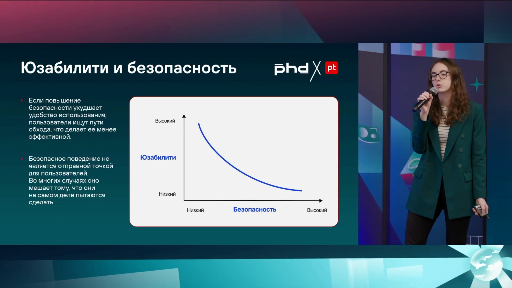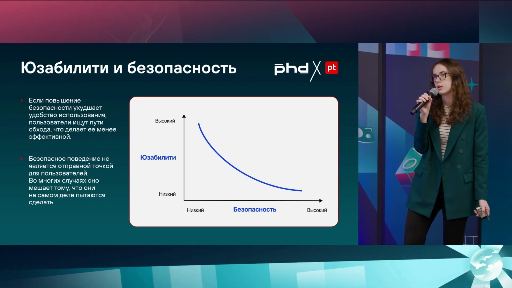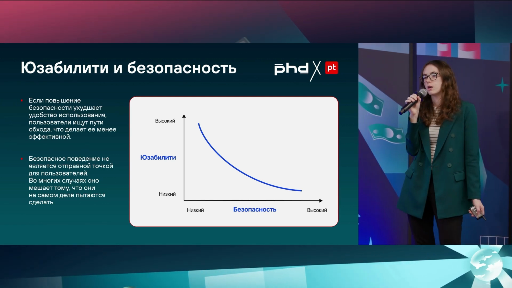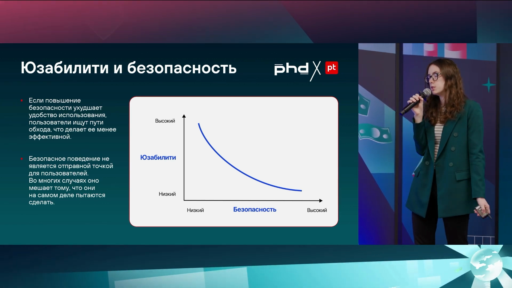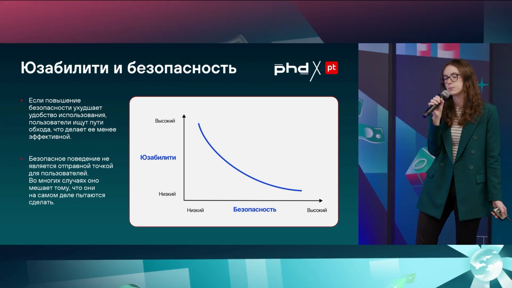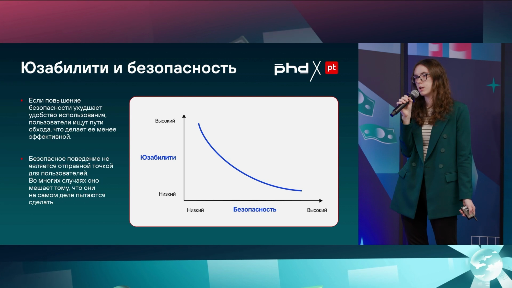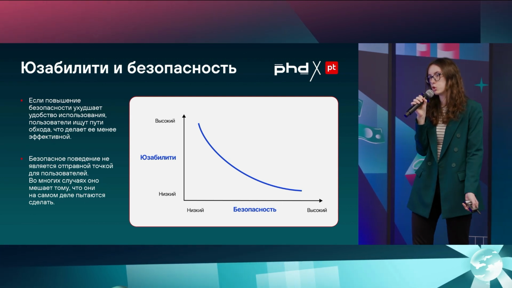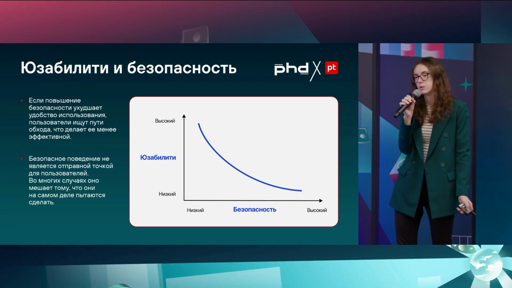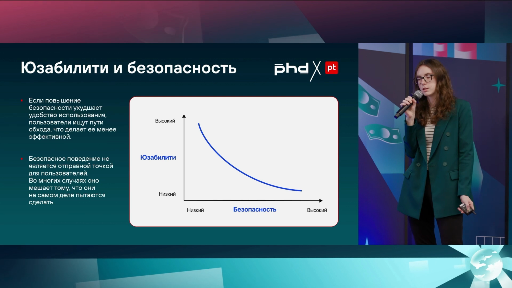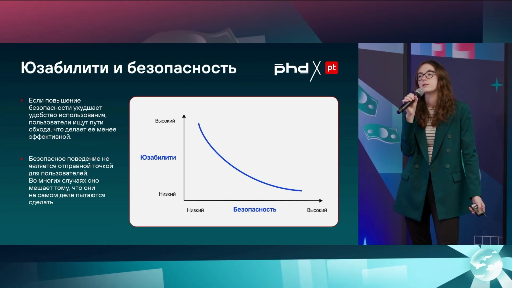And what we're asking of them stands in the way of their typical use case, typical scenario. And for the user, secure behavior is not the focus, is not the starting point. They interact with the product to solve their needs, not yours. And security is your needs, not theirs.